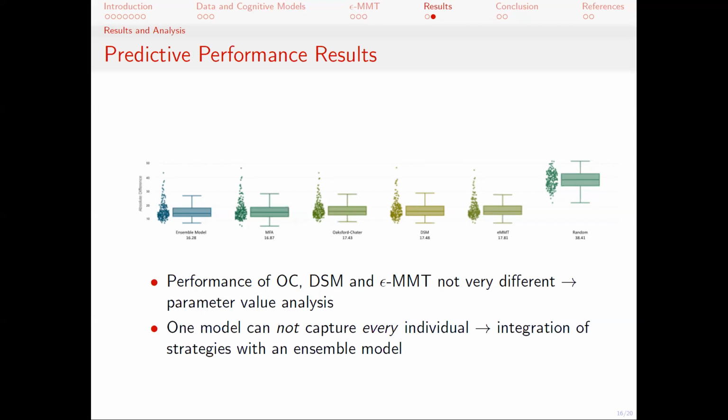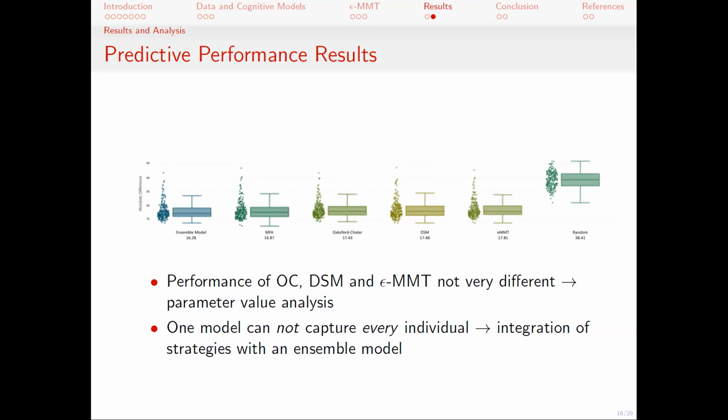However, none of them perform better than the upper bound, which is the MFA model, having an absolute difference of 16.87. All these three models use different representations. However, the results are incredibly comparable, which suggests that there is some functional equivalence between them.